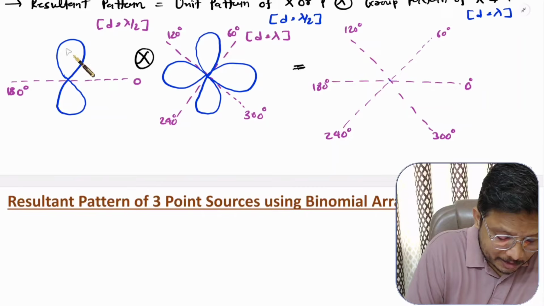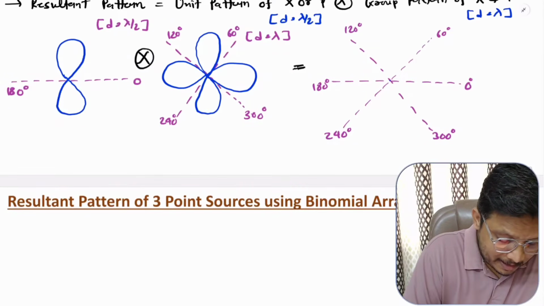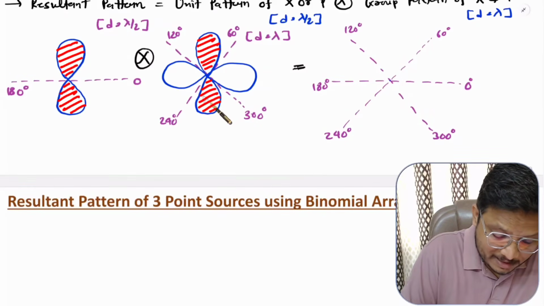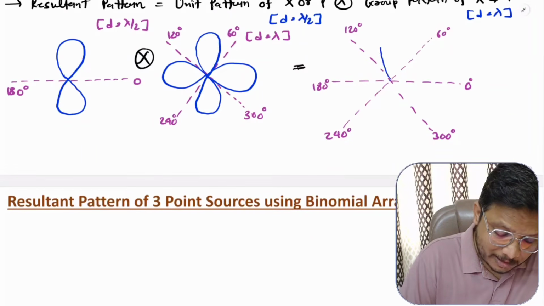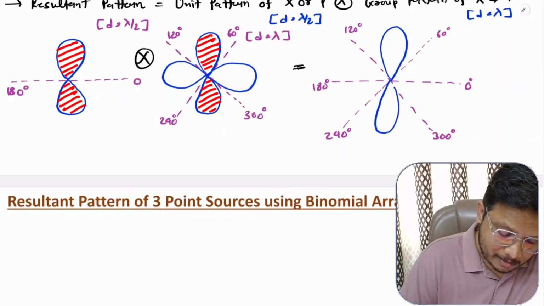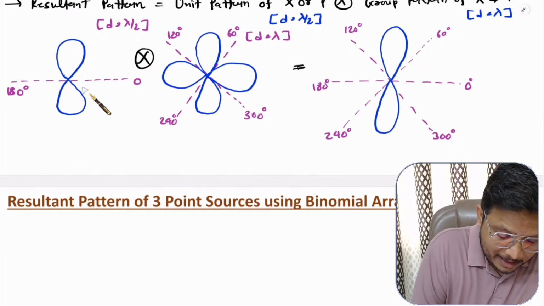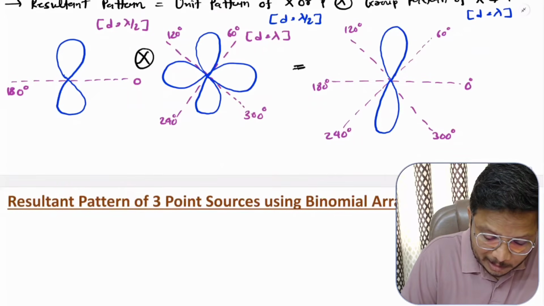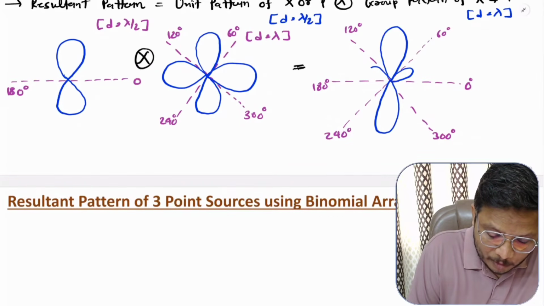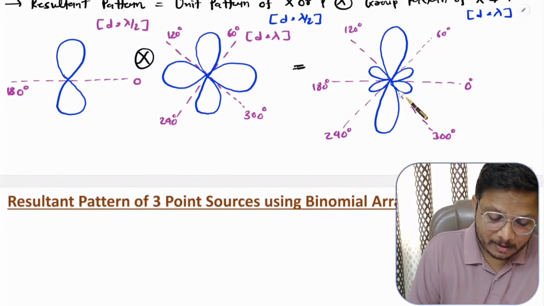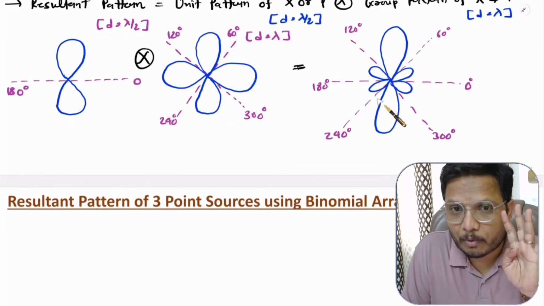To multiply these two, here we have maxima and here we have maxima. So maxima into maxima results in a larger lobe, so I'm plotting the larger lobe over here. Now here we have minima and here we have maxima, so maxima into minima results in smaller lobes. So I'm plotting smaller lobes over here. So 4 small lobes are there if you have 4 point sources.